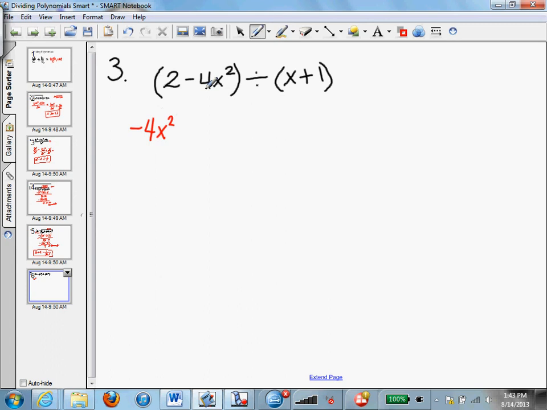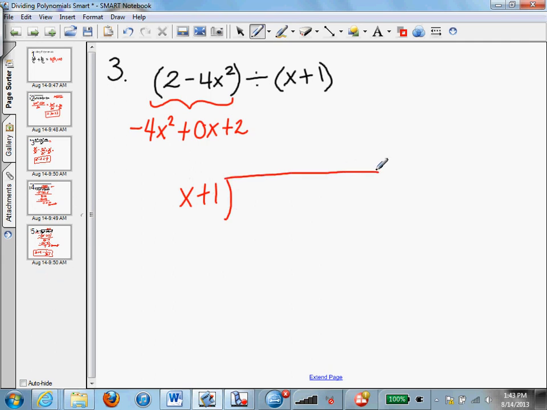There's no regular x, so I just write 0x as a placeholder, plus the positive 2. Now let's take what we're dividing by, the x plus 1, divided by what we just wrote, the negative 4x squared plus 0x plus 2.